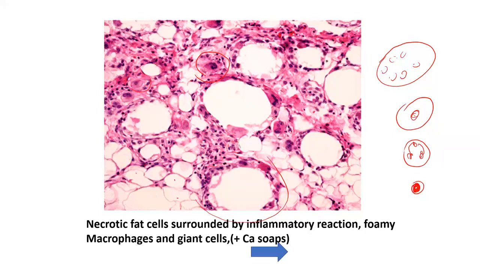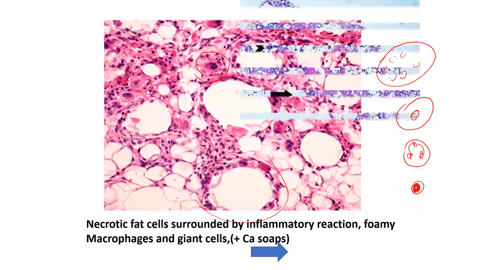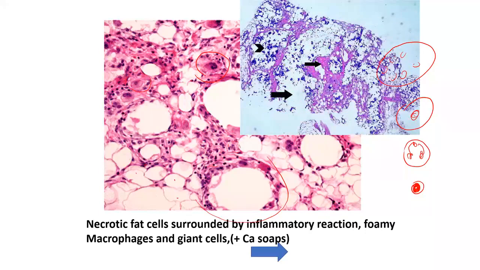So necrotic fat cells are surrounded by inflammatory reaction, foamy macrophages, and giant cells, and we may find after a while calcification that appears as these blue deposits. So these blue deposits are actually calcification seen after calcification of the areas of fat necrosis. So they appear as blue deposits in H&E stained sections.